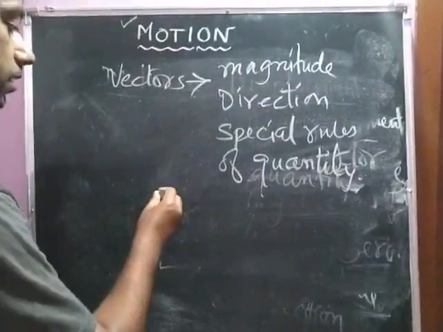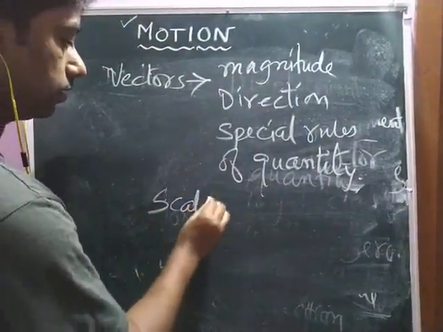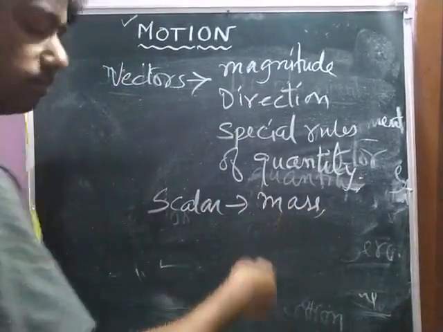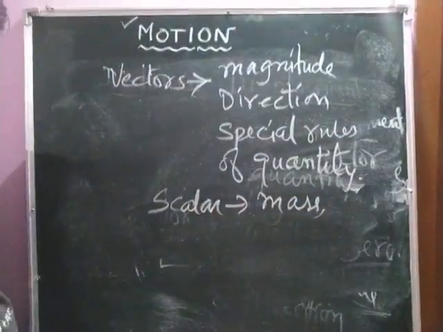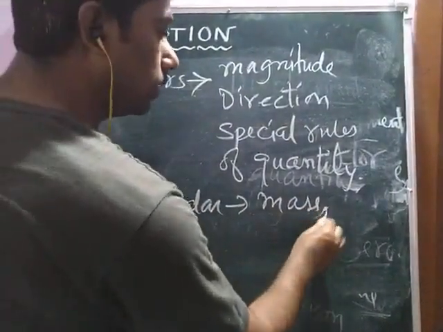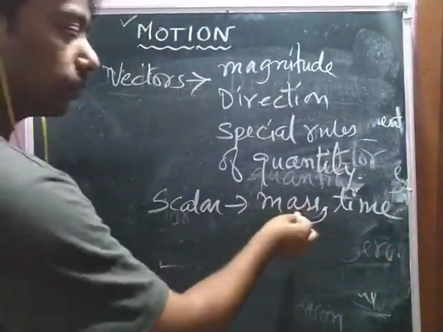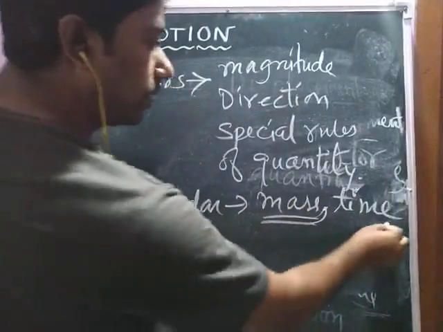Some examples of scalar quantities are mass, time. These are physical quantities which are classified as scalars.